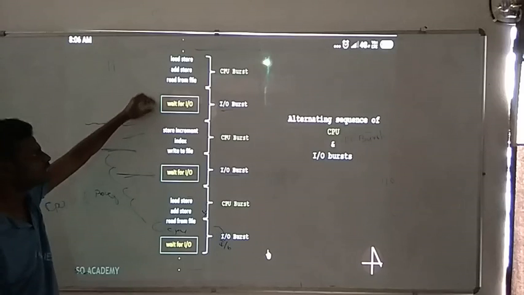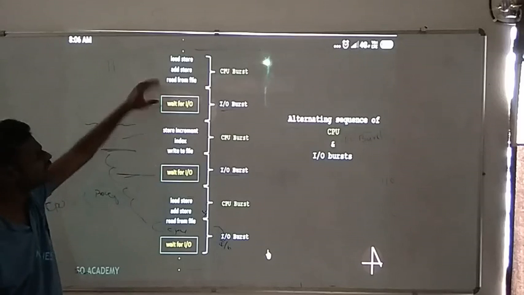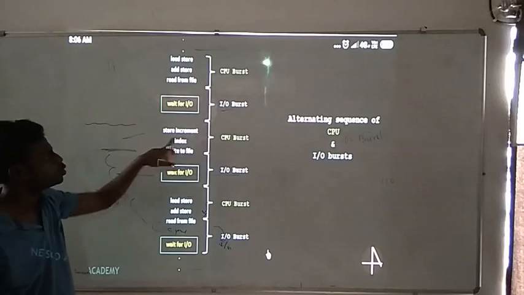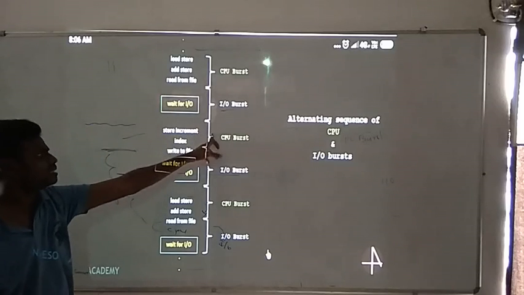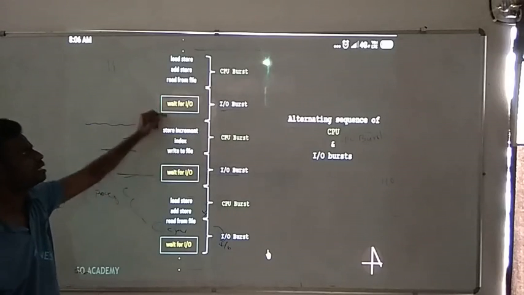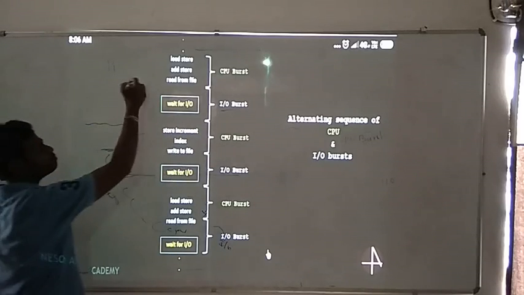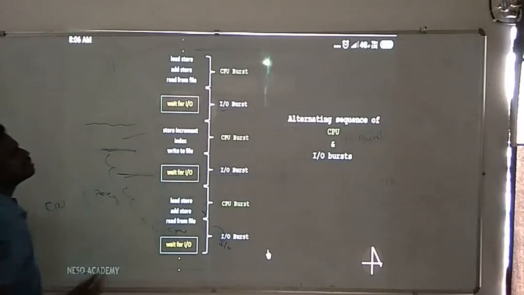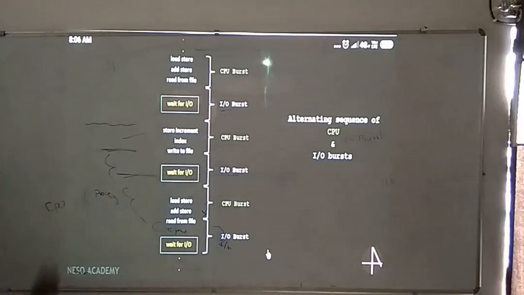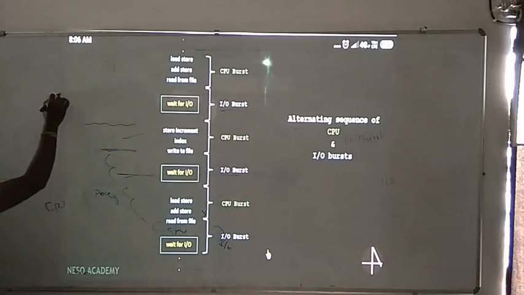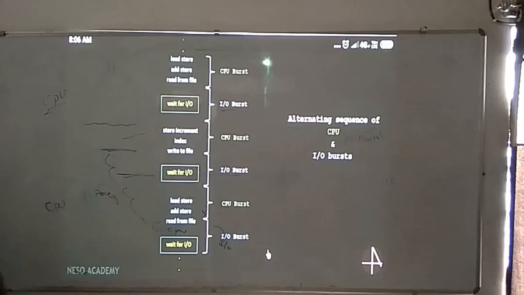Again, the process is taken, and when it is reading, then store, increment. Whatever data has been taken will be stored into your devices and indexes. The process may be changed. Why? Because when it is in IO, you should attain maximum CPU utilization. In order to avoid any time wastage, we will be assigning some other process to your CPU.